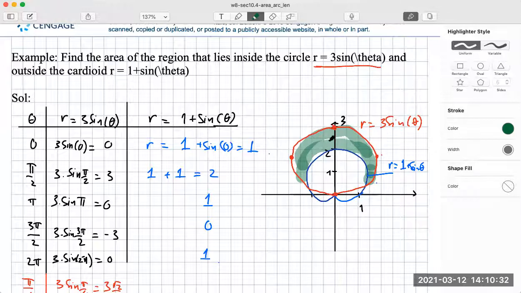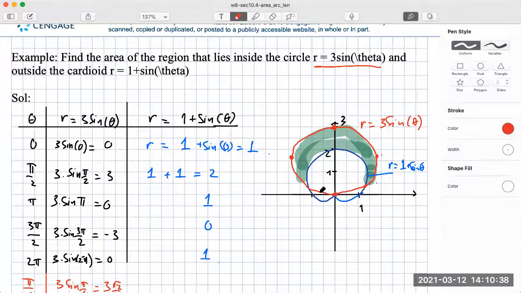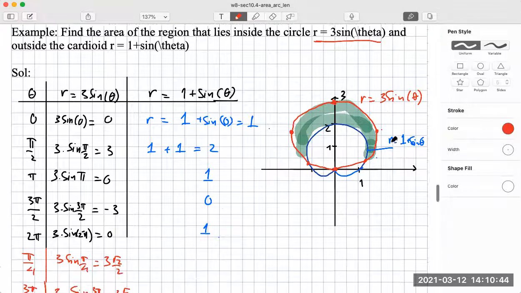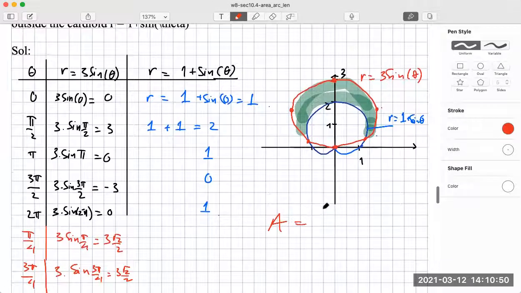But here, they cut at this point. Okay? So according to the formula, we know that the area we are looking for is the integral from A to B of 1/2.